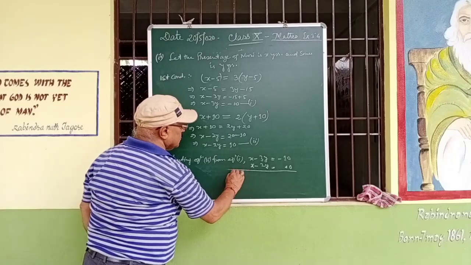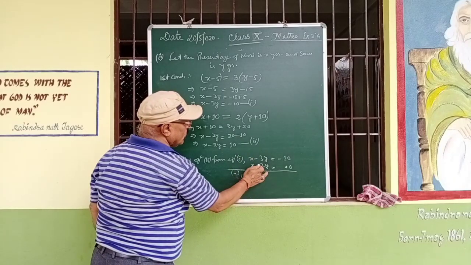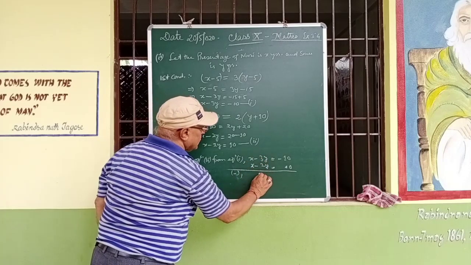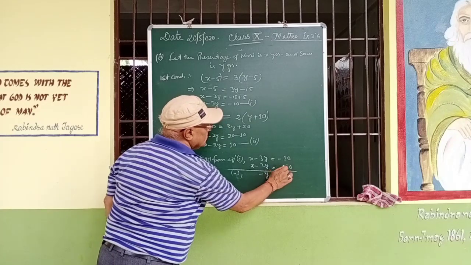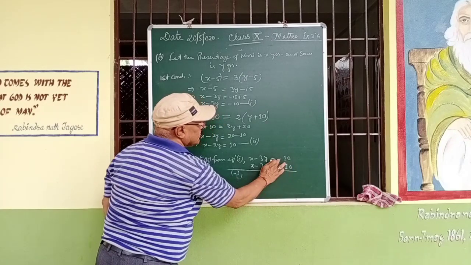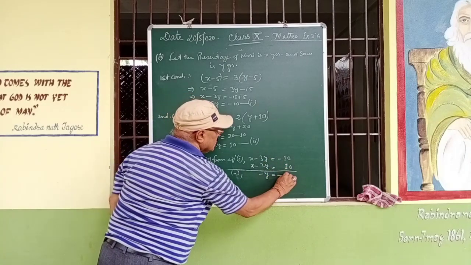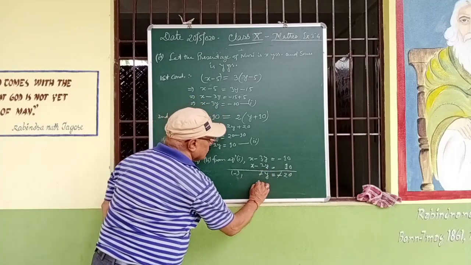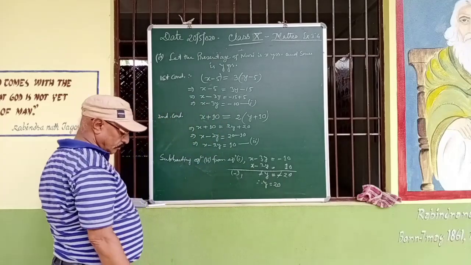When we subtract this, then the x's cancel, this minus 2y becomes plus, so minus 3 plus 2 is minus 1y is equal to, it is minus 10, it also becomes minus, so minus 10 minus 10 is minus 20, this minus minus cancel, therefore y is equal to 20.